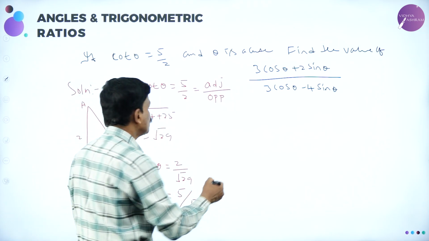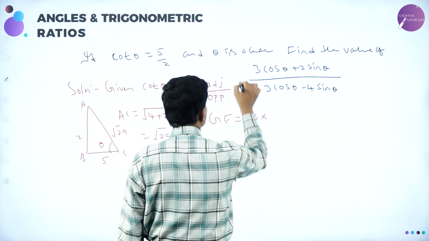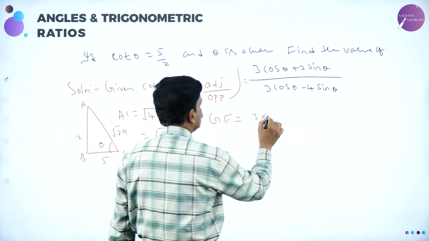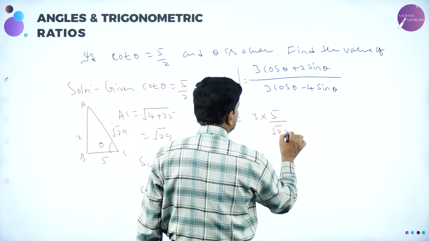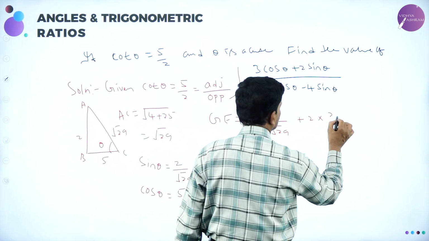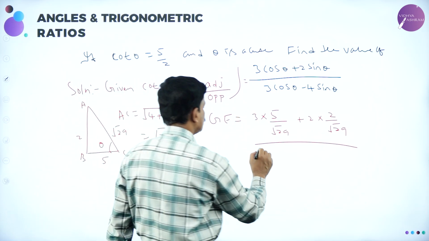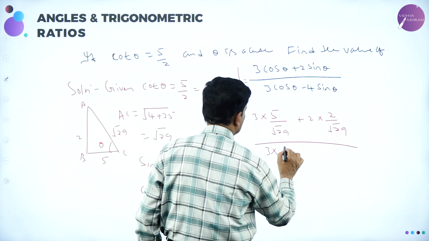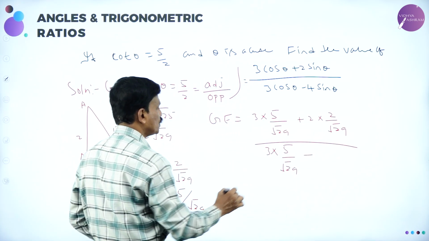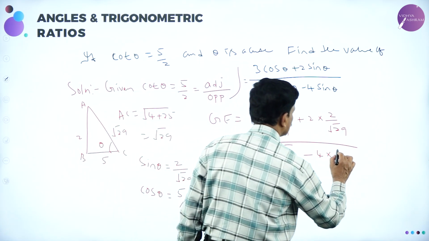Now, what is the given equation? Substitute here. So, the given equation becomes 3 into cos theta, what is cos theta? 5 by root 29, plus 2 into sin theta, 2 by root 29, divided by, in the denominator, 3 into cos theta, 5 by root 29, minus 4 into sin theta, 2 by root 29.